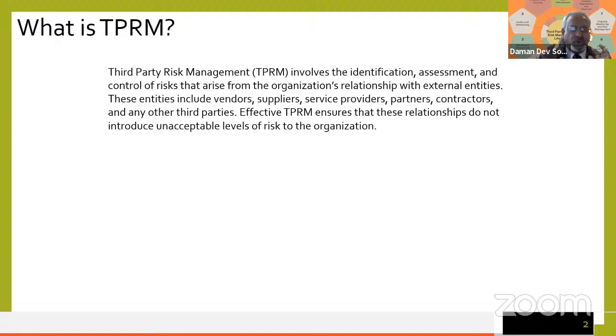While in the concept in third party risk management, we do not consider customers. That is an improvement in the world, according to me, that needs to be brought. Effective TPRM, third-party risk management, ensures that these relationships do not introduce unacceptable levels of risks to the organization.